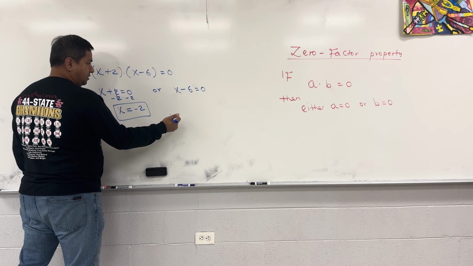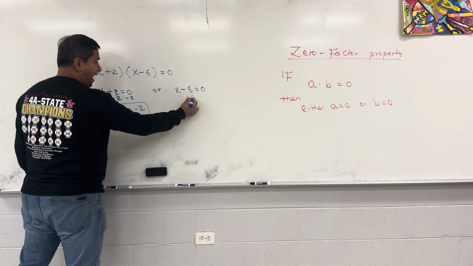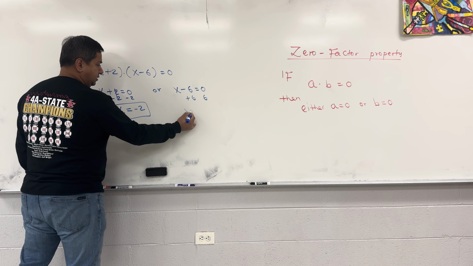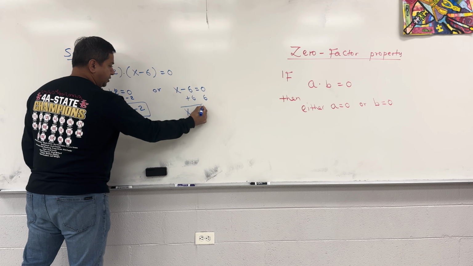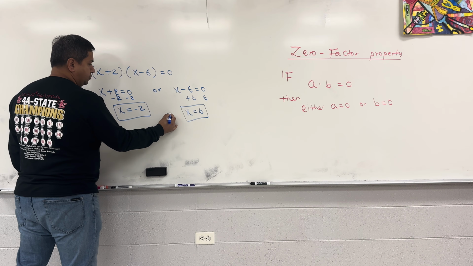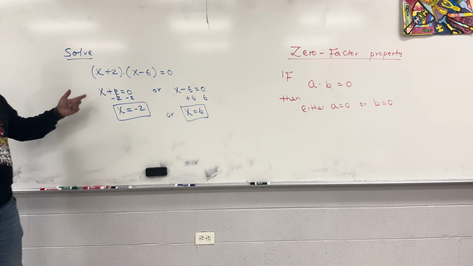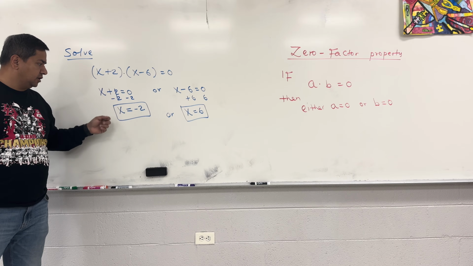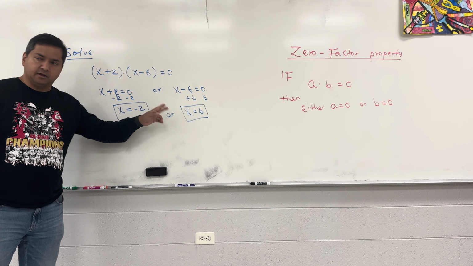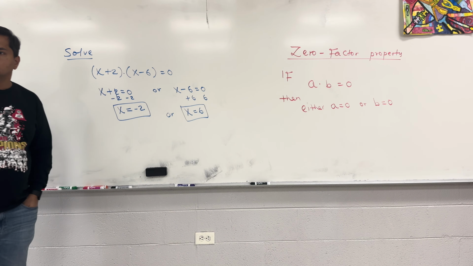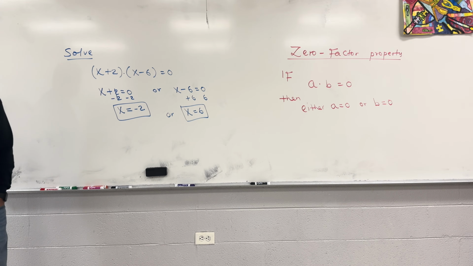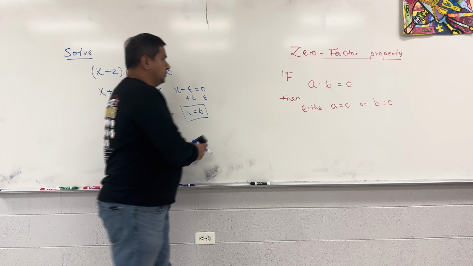And on the right side, you add 6 and you get x equals 6. This would be your other solution. So your solutions for this particular equation are x equals -2 or x equals 6. We good? Okay.